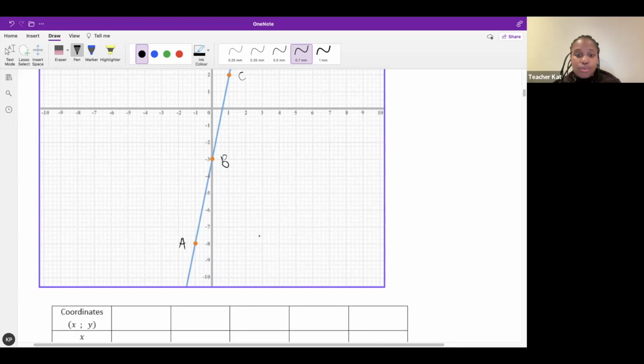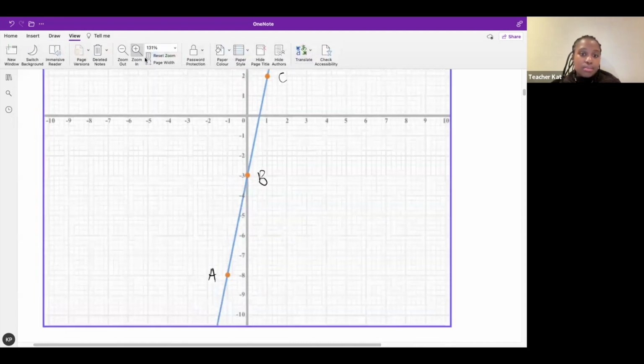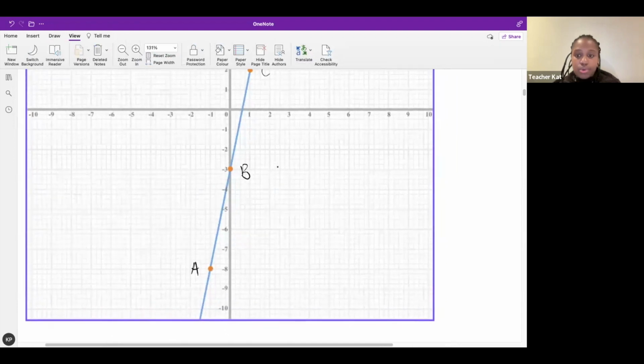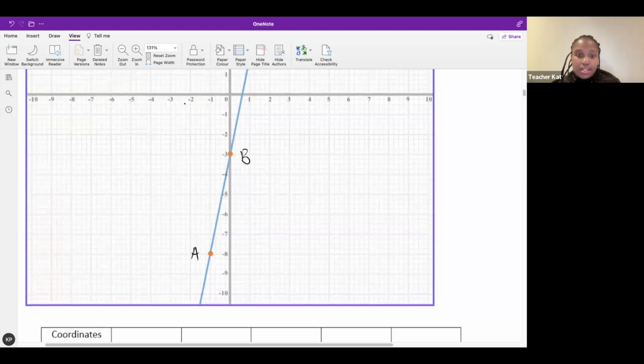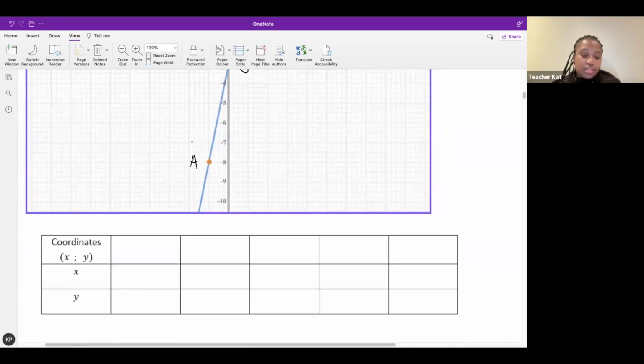So what are my coordinates for point A? Let me zoom in a little bit so you can see. There we go. Point A coordinates. Nice, Nhlamulo. -1 and -8. Okay. So point A is -1, -8.